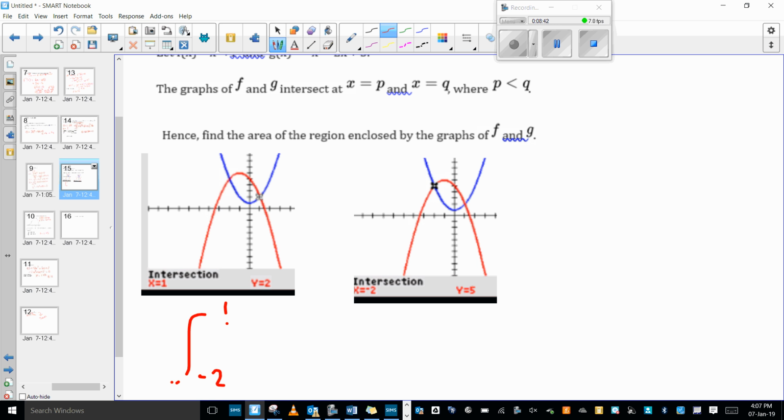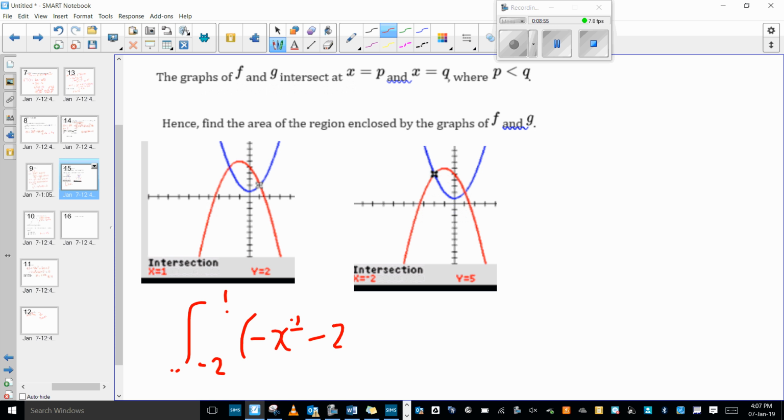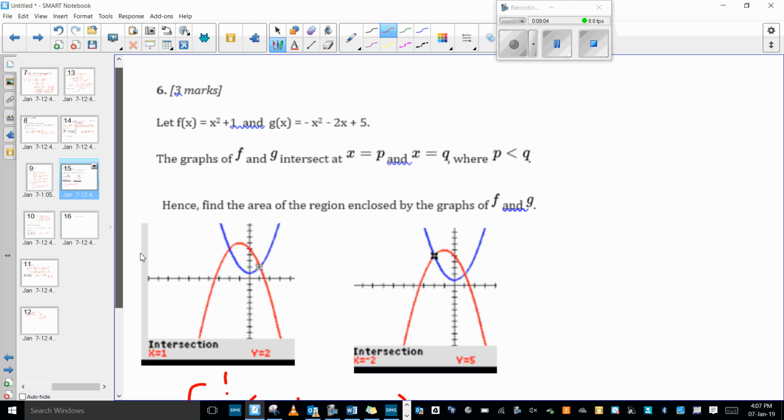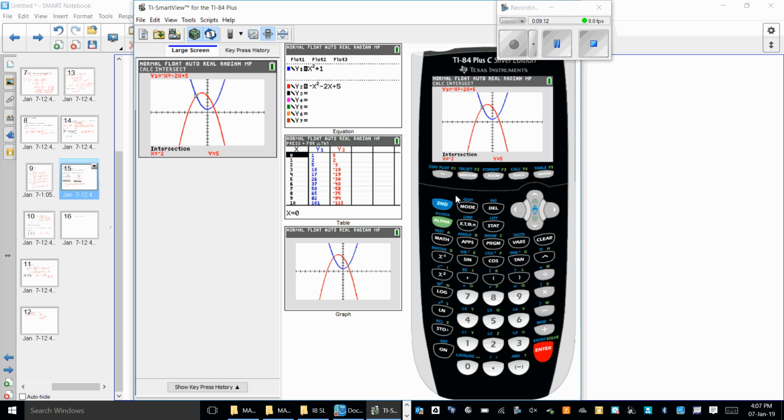The red function is negative x squared minus 2x plus 5, subtract the other one, x squared plus 1. Again, it's on the calc paper, so you can just chuck it in the calculator. We just need to establish what our two values were.